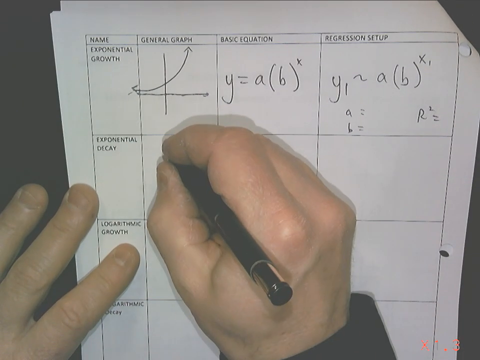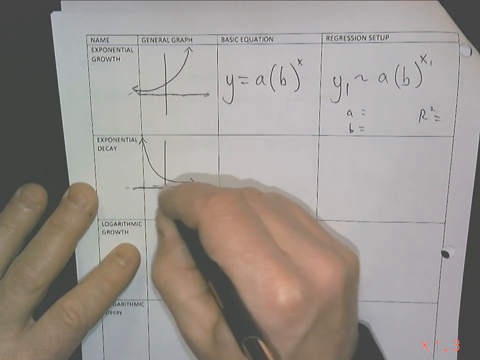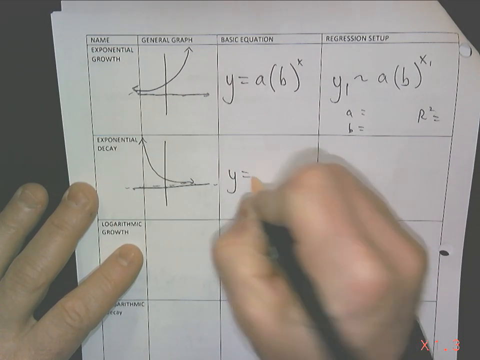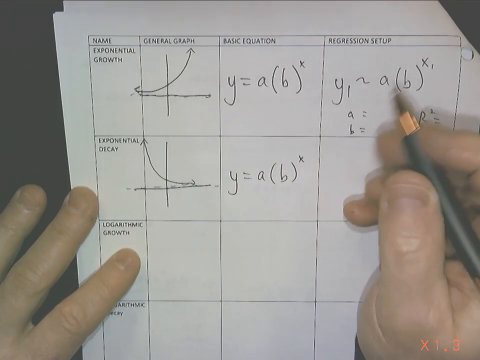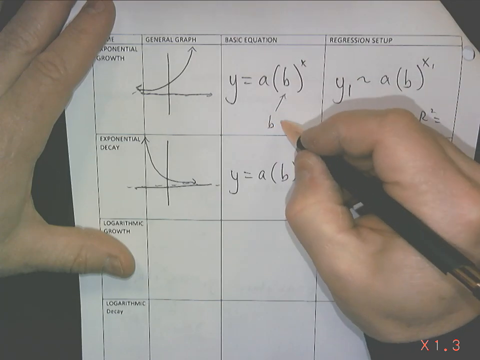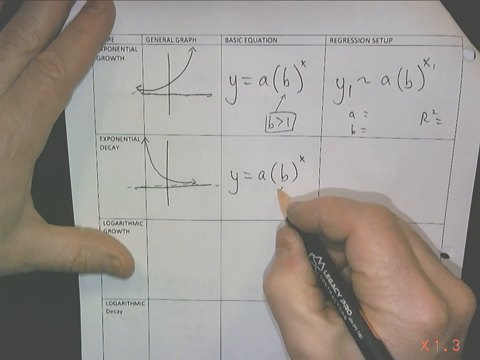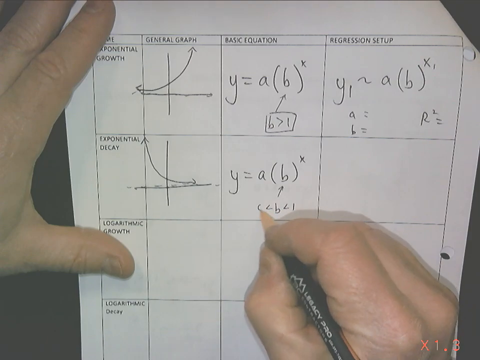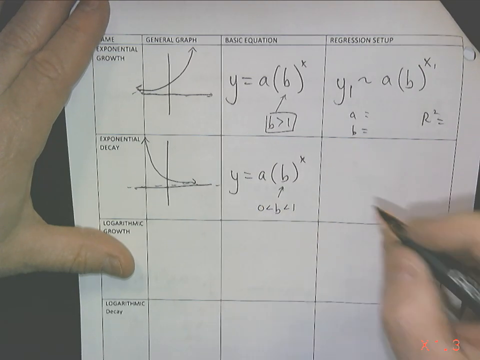Exponential decay, just knowing that it goes down towards the asymptote this way. Same equation, really. Just for the growth, the base will be bigger than 1, because it'll be growing. For this one here, the base will be between 1 and 0, like a fraction or a decimal, like a half or a third or 0.2.